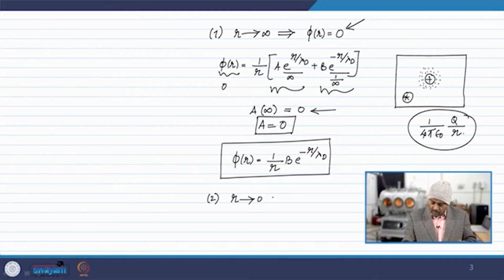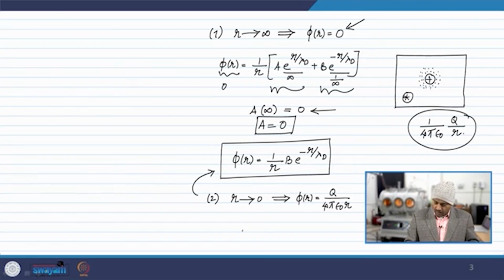In that case, it is natural that we can only expect the potential phi of r to be Coulombic in nature, which is 1 by 4 pi epsilon naught r. When r tends to 0, you would expect that the potential will be phi equals q by 4 pi epsilon naught r. Now, if you use this into this equation, we have the nature of potential, right.